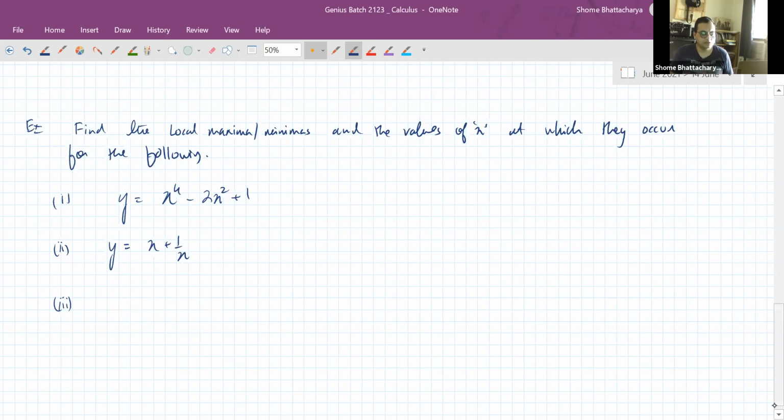So let's do this question with respect to that particular aspect. We will solve it by what is called the second derivative test. We will not look at the intervals where the function is increasing or decreasing. We will look at that condition that we've discussed above, that f prime should be 0 and f double prime should be positive for minima and should be negative for maxima.